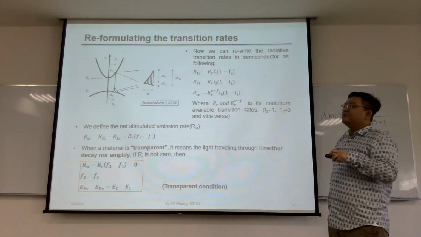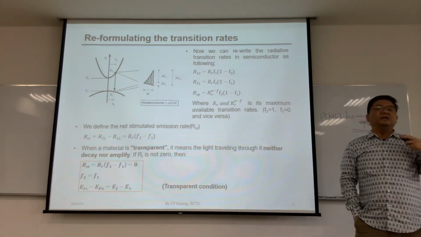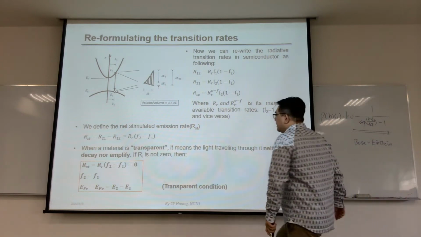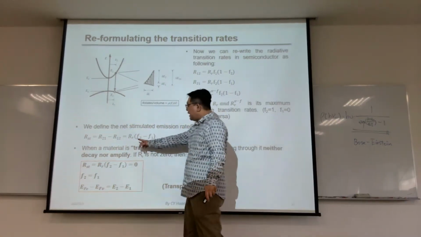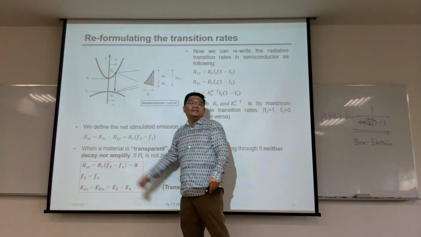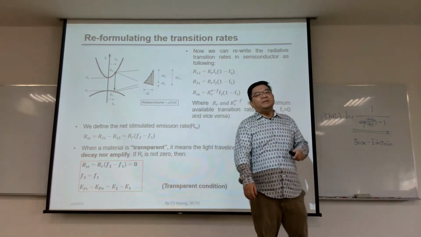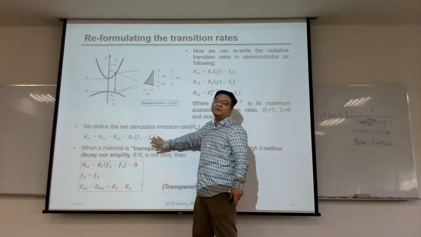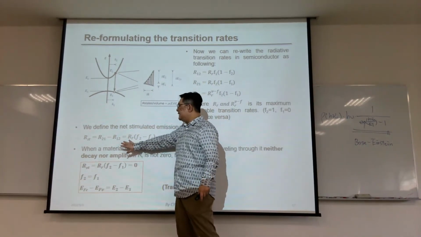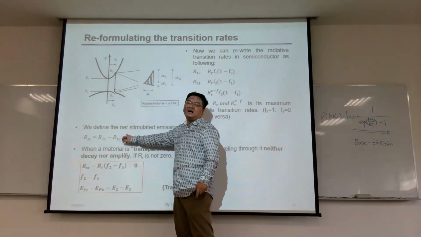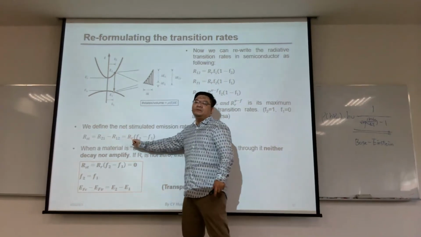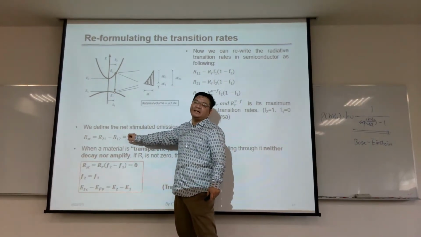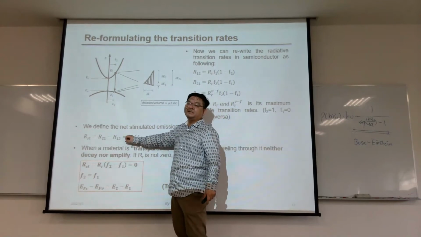For most cases, we are considering the transparent world. It's because RR is 0 in that case. For example, for this glass, when light comes in, although the electrons are all in the lower state, there is no state here, so RR equals 0. That's when you consider the glass transparent.